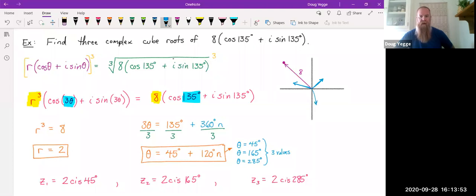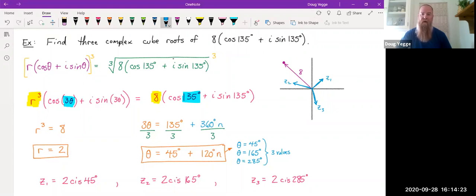And therefore we found 3 different cube roots of that complex number simply by recognizing that if this is Z1 and this is Z2 and this is Z3, then these 3 values, if cubed, would get me back to this complex number. And that's how we can use DeMoivre's theorem in order to find not only powers of complex numbers, but also roots of complex numbers.